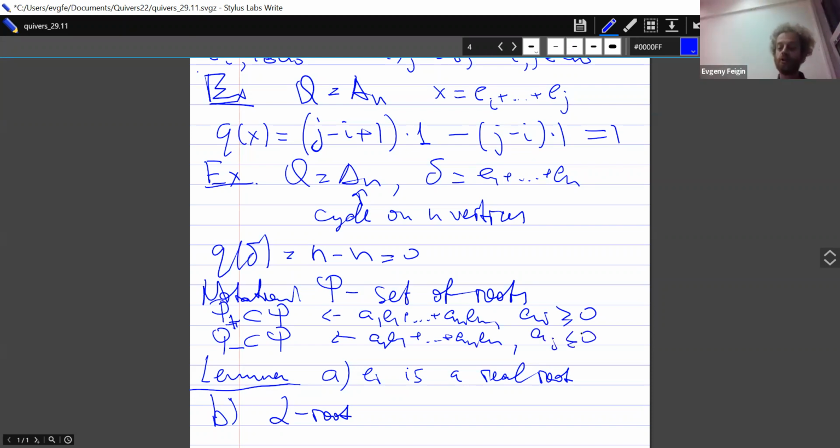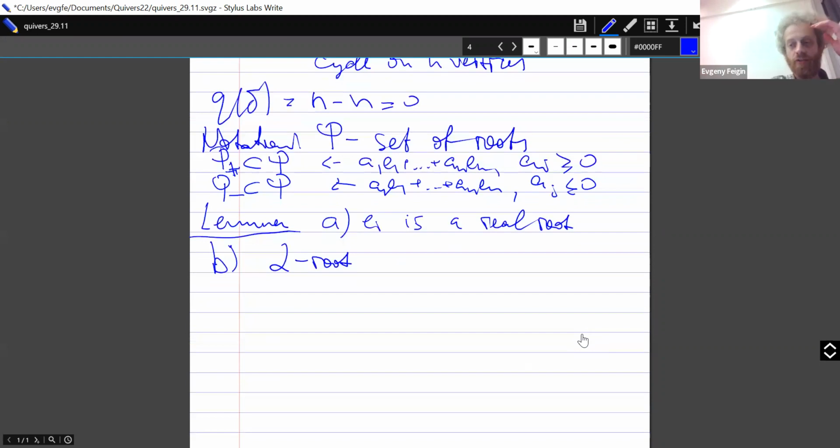Okay, so in principle, so far we don't know whether each root is positive or negative. We'll show that in some cases, but these are just some subsets in the set of roots. Okay, so if alpha is a root, then minus alpha is also a root.